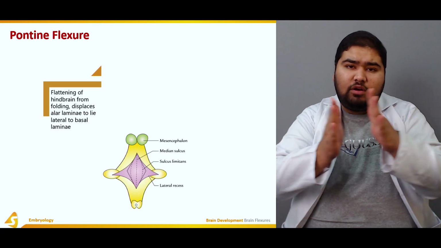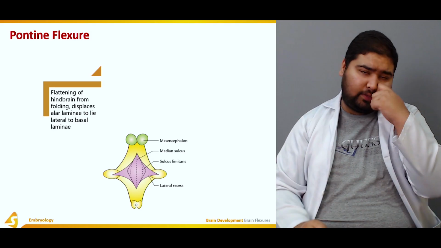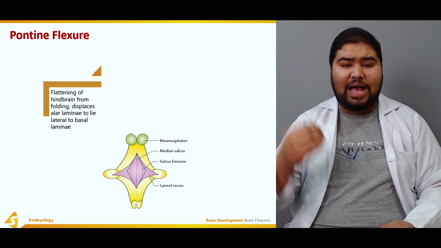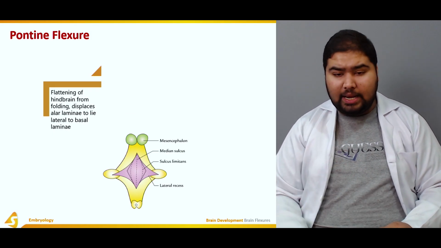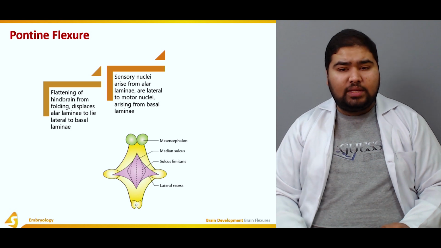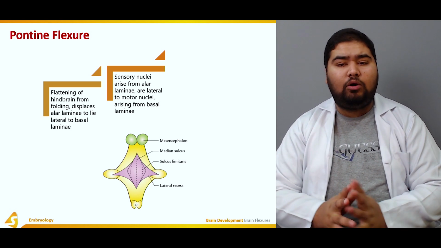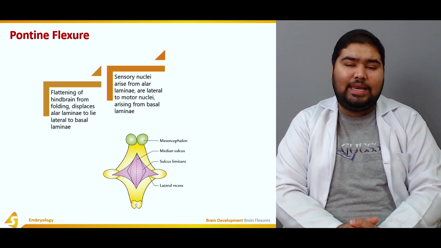Because there is folding of the hindbrain, since the hindbrain has folded like this, there is flattening of the hindbrain. So due to the flattening of the hindbrain, the alar laminae lie lateral to the basal laminae. Due to this, the sensory nuclei which form from the alar laminae are also lateral to the motor nuclei that are formed from the basal laminae.